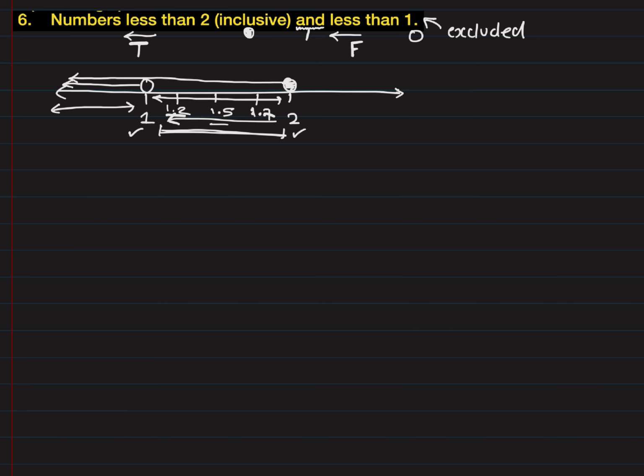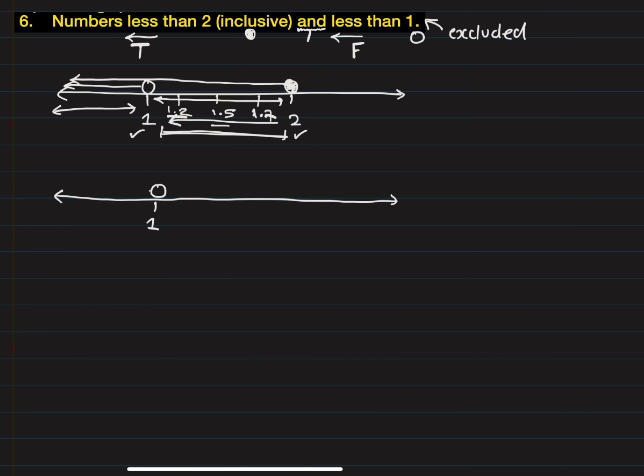We can simplify this interval into another interval that looks like this. We have 1 over here, and we have 1 being excluded, and we have all the numbers that are less than 1. And you might ask, why is 1 excluded? Why is it not included when 2 over here is included and all the numbers from 2 and less are included?